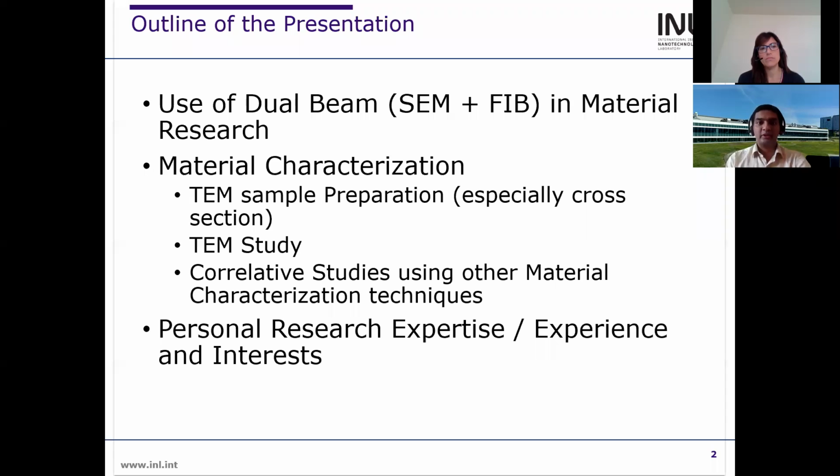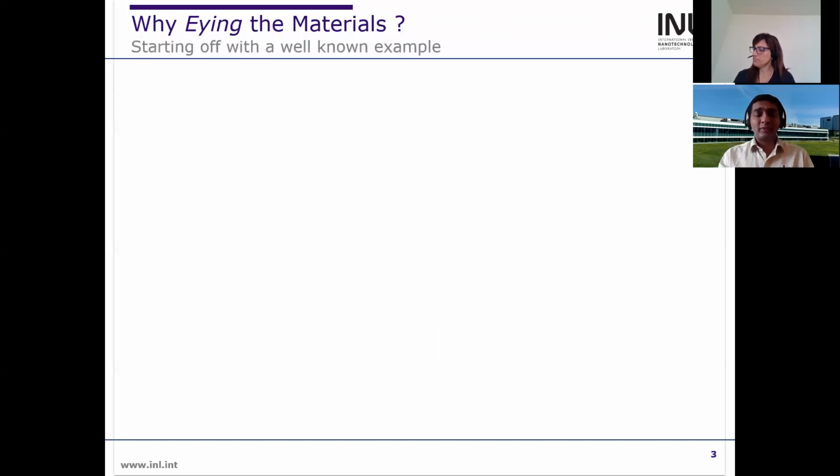Then I'll come on to characterization by different techniques, and then correlative studies by different techniques to gather more information about the material. And finally, with all that, you can understand what my research experience and my interests are. So I'll move on with the very first well-known example.